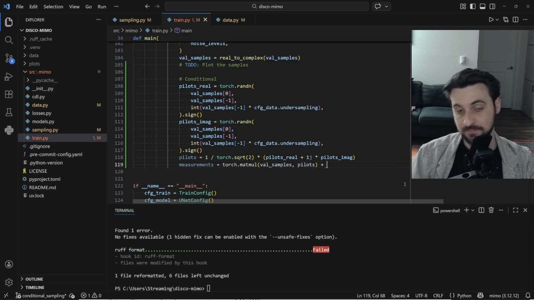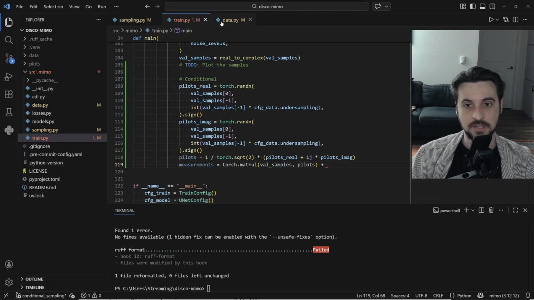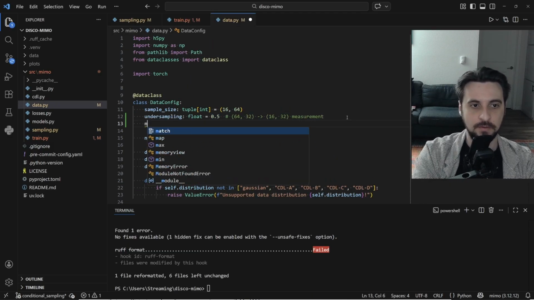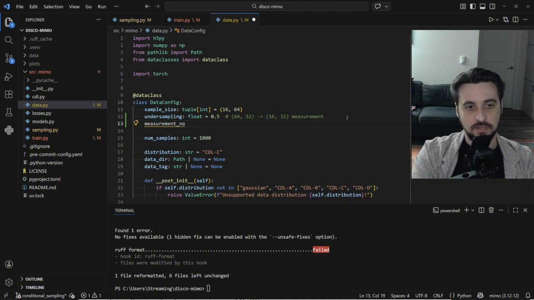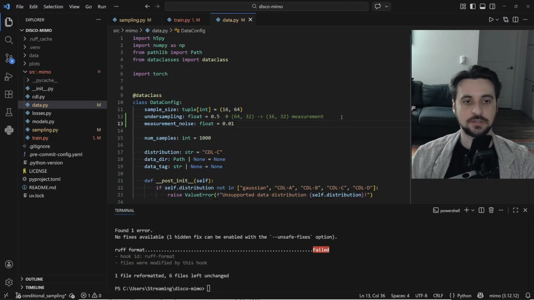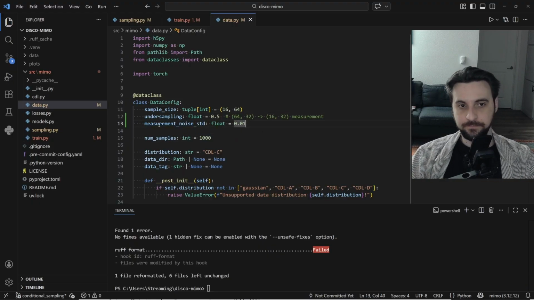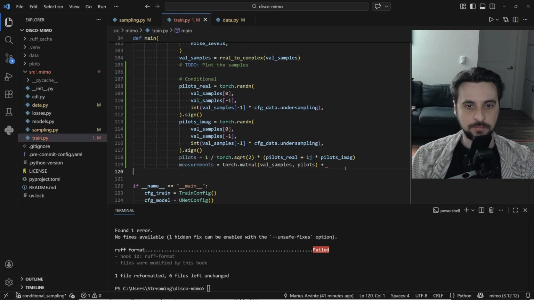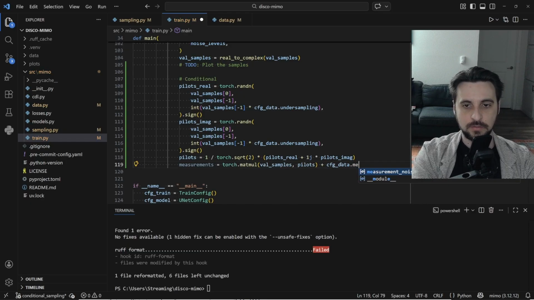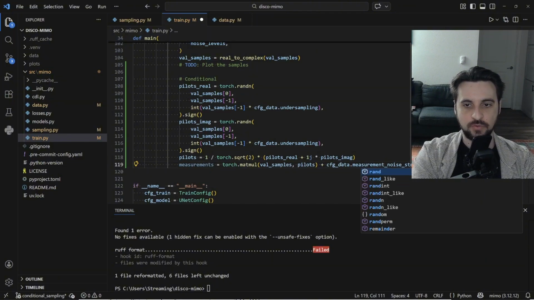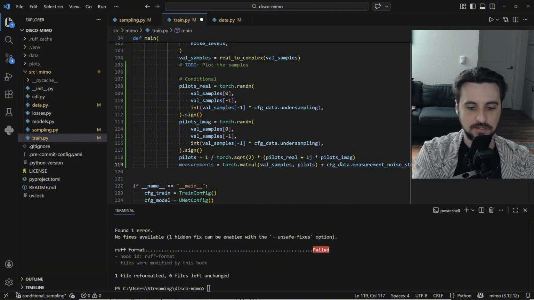Plus the noise, forgot about the noise. So we also need in data measurement noise, which is also a float, and let's put it to something small, standard deviation convention. Okay, so then we're going to do plus config data dot measurement noise times torch randn like.